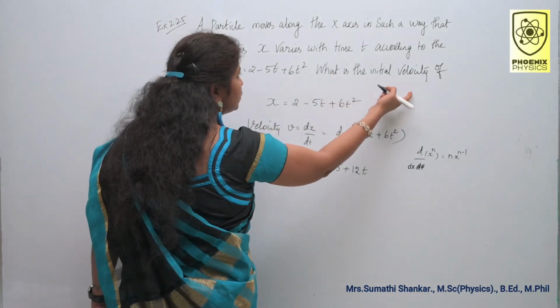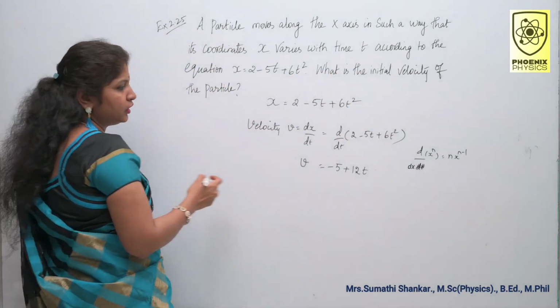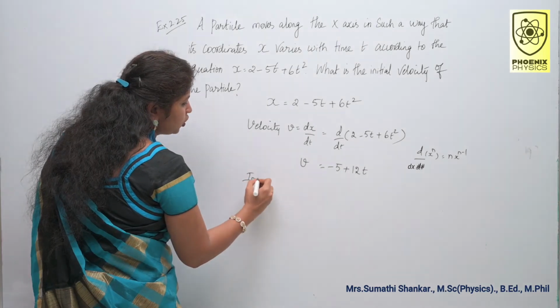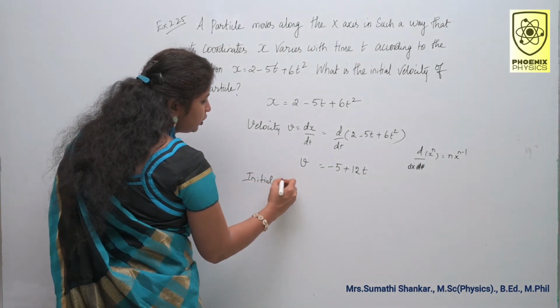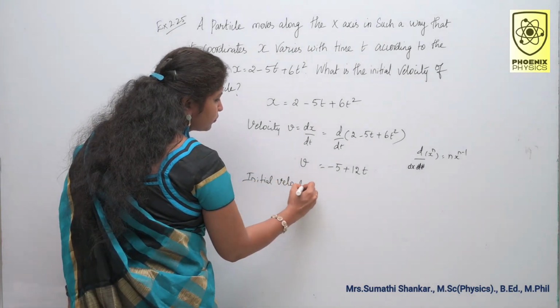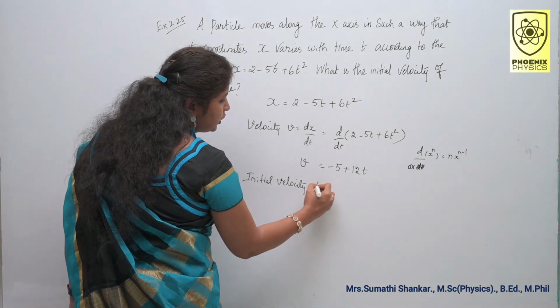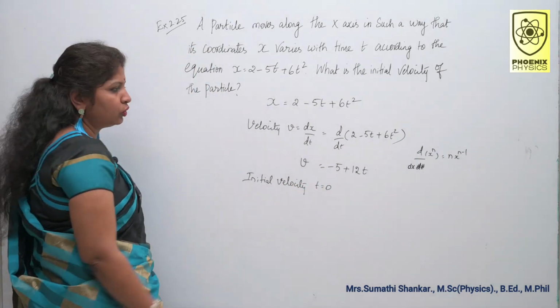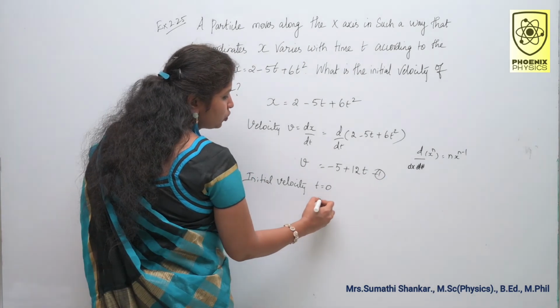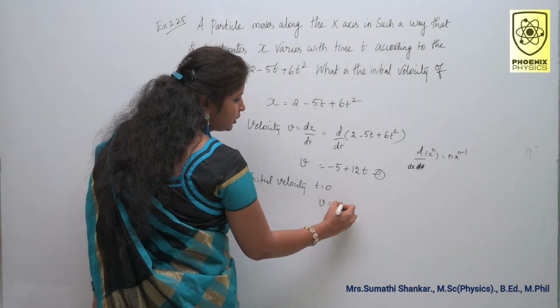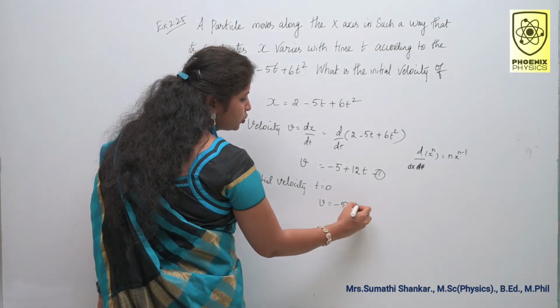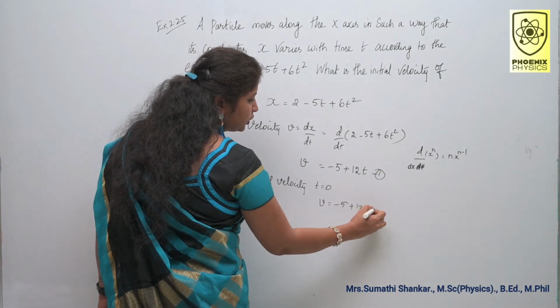What is the initial velocity of the particle? Initial velocity means t is equal to 0. Substitute in this equation. So v is equal to minus 5 plus 12 into t, with t equal to 0.